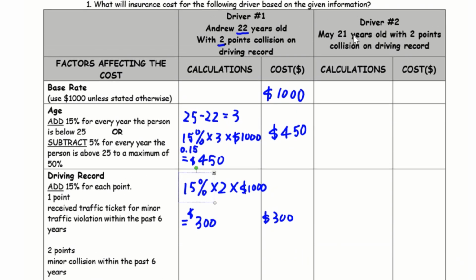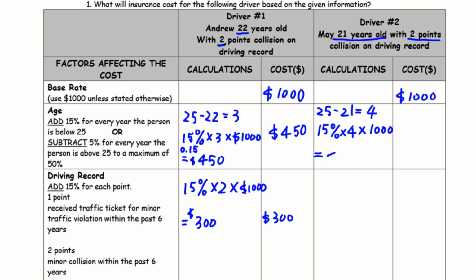Then we do the same thing for the second driver, who is 21 years old with 2 points collision on the driving record. The base rate will be the same, $1,000. Now it is below 25 years old by 4 years. So we use 15% times 4, then times the base rate.